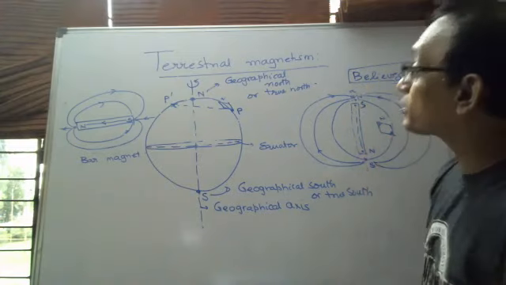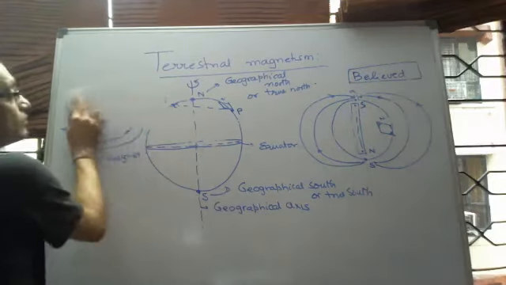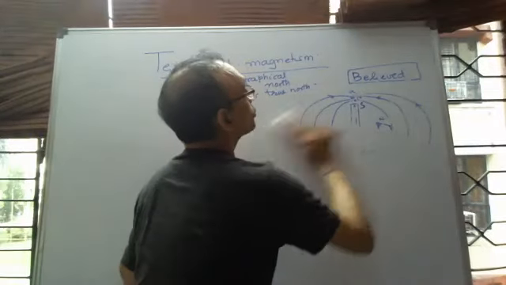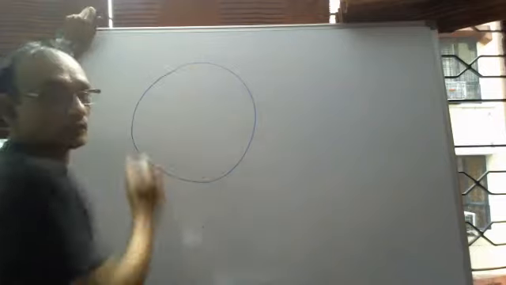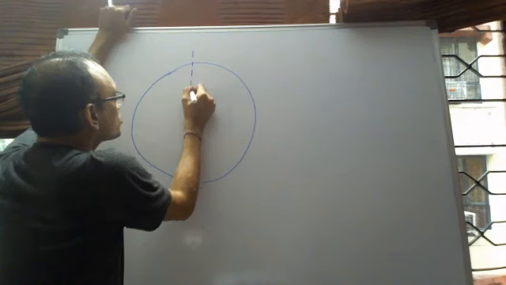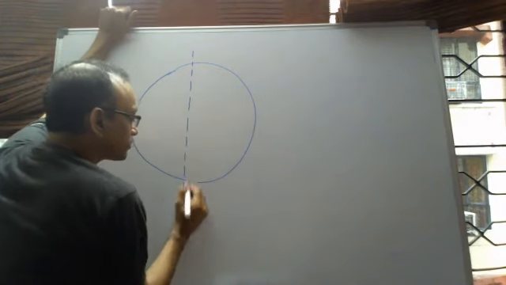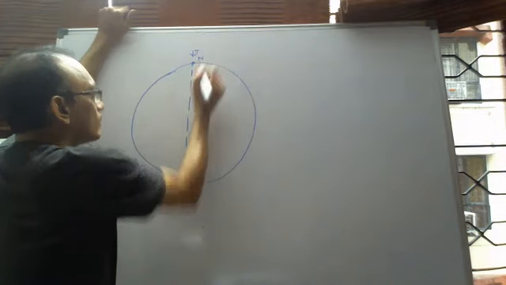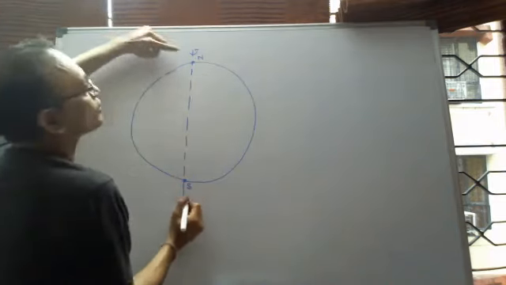This could have happened because the bar magnet that the Earth behaved like was not along the axis of the Earth. This was the axis of the Earth, geographical north, geographical south.